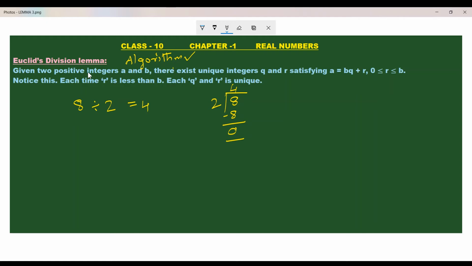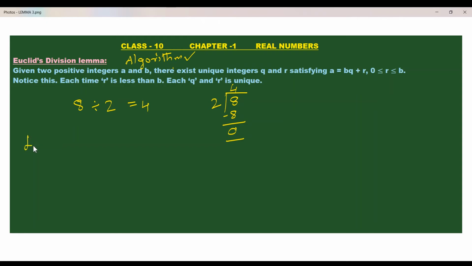Then next we'll move on to lemma. A lemma is a statement. We are going to use that statement to find something else. Got it? Here we know this is the division work we have done, and in the earlier class you have seen the relation between dividend, divisor, quotient and the remainder. What is that?